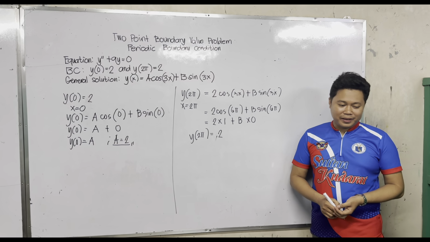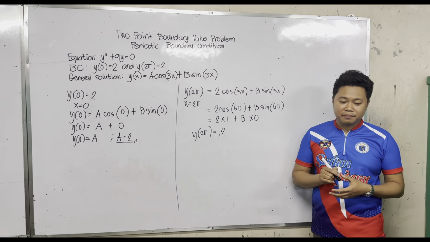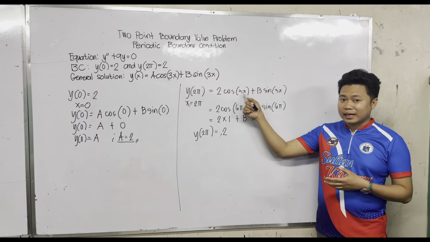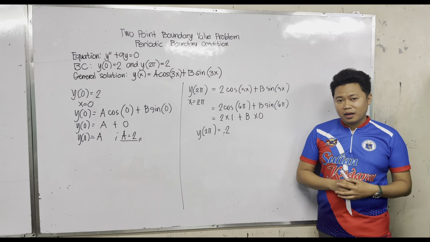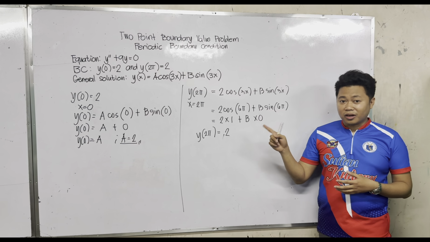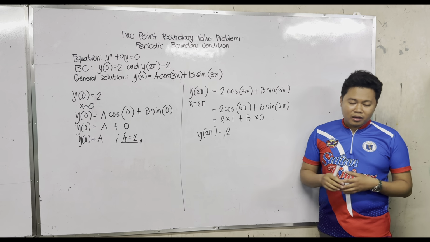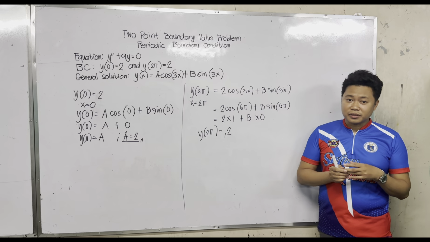Why does this happen? The differential equation's general solution has two independent solutions, cosine 3x and sine 3x. The boundary condition is y of 0 equal to y of 2 pi. For cosine 3x, cosine 0 is equal to 1 and cosine 6 pi is also equal to 1.